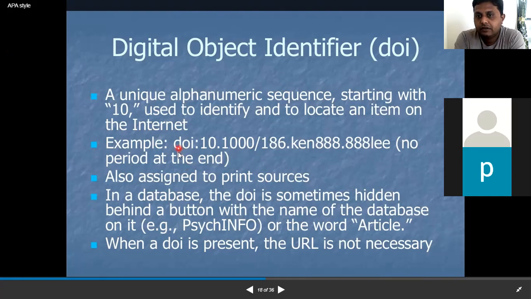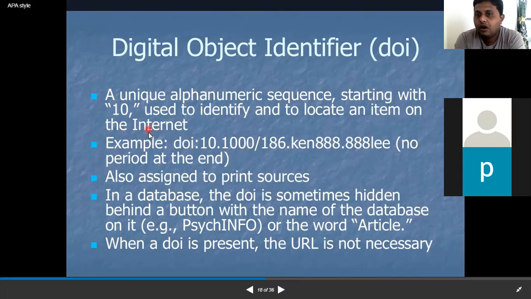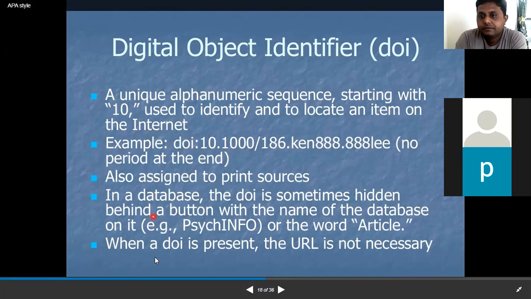For example, if you type this DOI on Google, we can go directly to that source. That source may be some book, some article, some journal available on the internet. So it means it is not in printed form. It is available in e-form, or let's say internet form. So this is DOI.